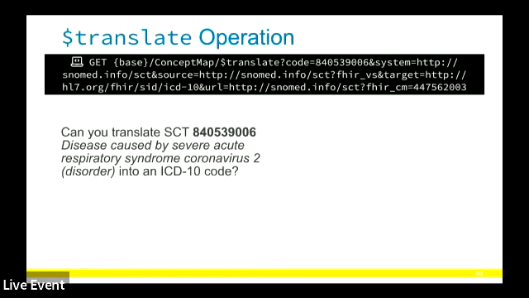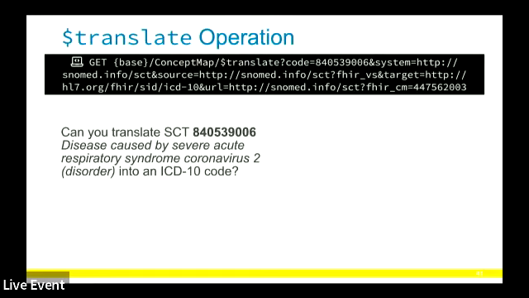So here's an example of how the client can ask the server, do you have any translations for the SNOMED CT term 840539006, which is disease caused by SARS-CoV-2, into an ICD-10 code. And so that big long block up there basically says, can you do that for me?